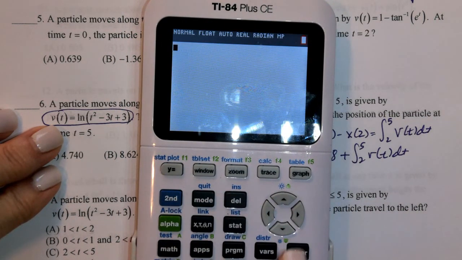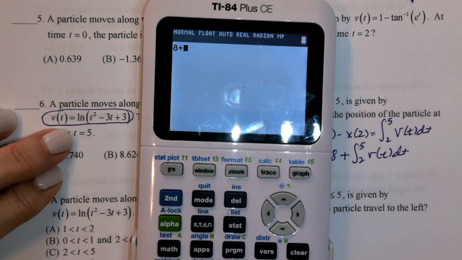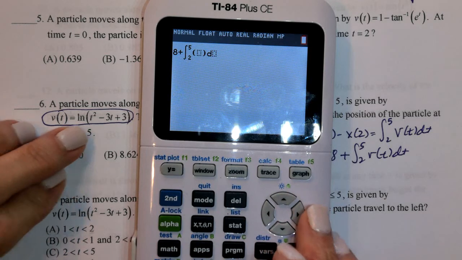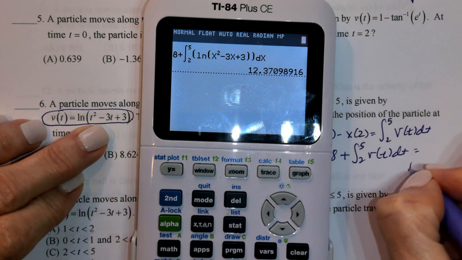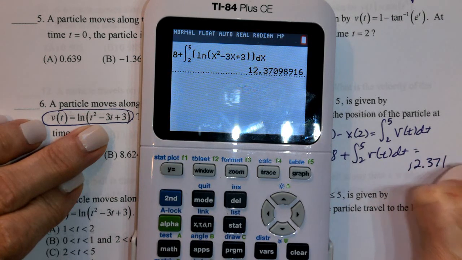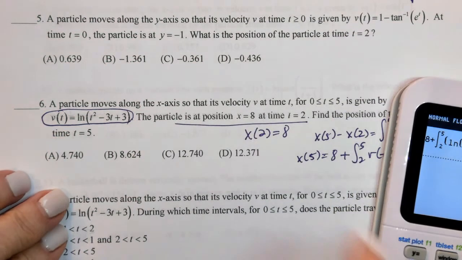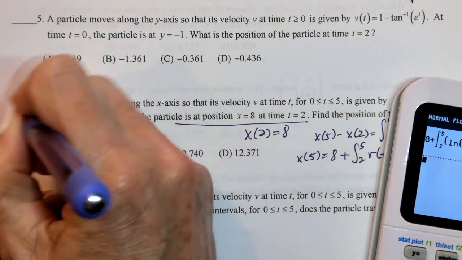So 8 plus the integral from 2 to 5 of this velocity function dx. 12.371. 12.371, it's on there, so it must be right.